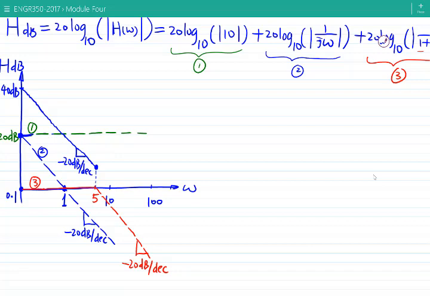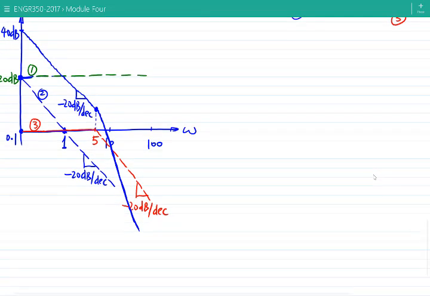So the total slope will be minus 40 dB per decade.